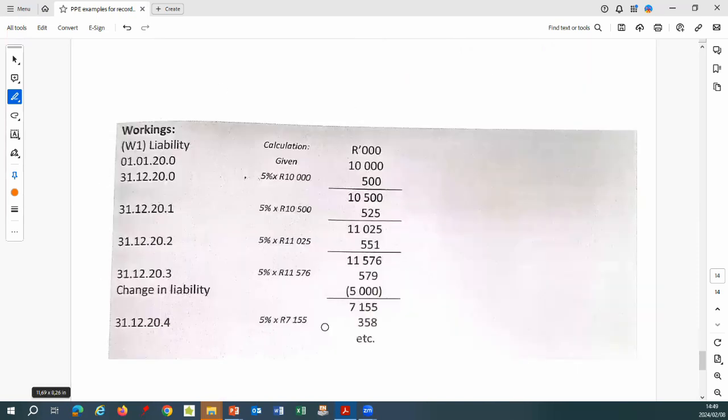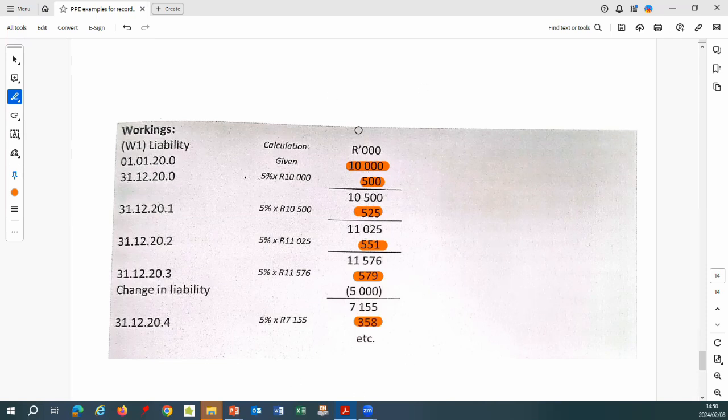And then there is our amortization table for our liability. So we started off at 10. We've accounted for interest every year at the 5%. We've then realized that it needs to be adjusted by the 5. And so the remaining would be the 7,155, and that would then be multiplied by the 5%.